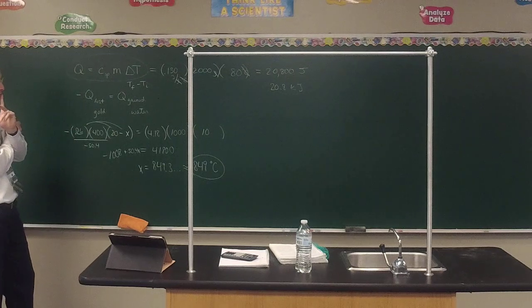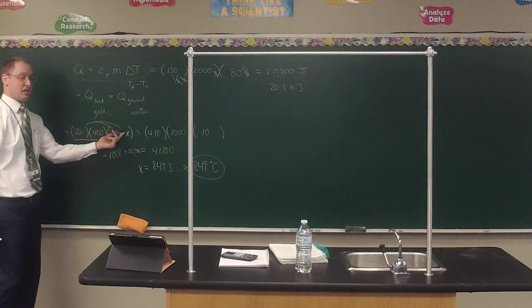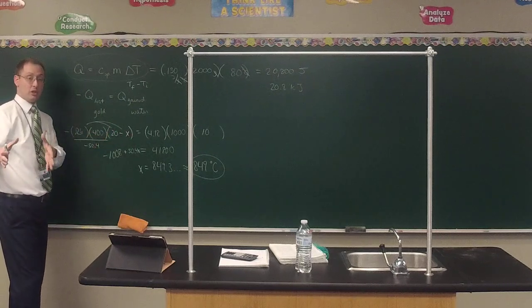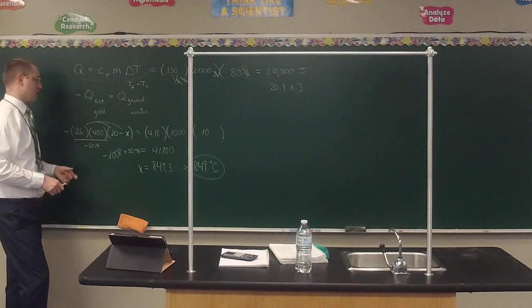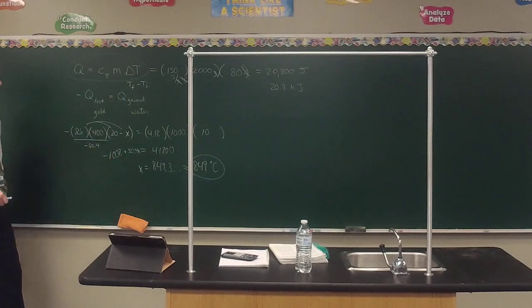Were you around 800, 870-ish? 880-ish? Yeah. Okay, so that accounts for it, you just didn't account for the 20 minus, which you actually found was literally the temperature change. And you would have also had a negative on your answer as well, correct? Okay, so a couple little mistakes, but we know what you did.